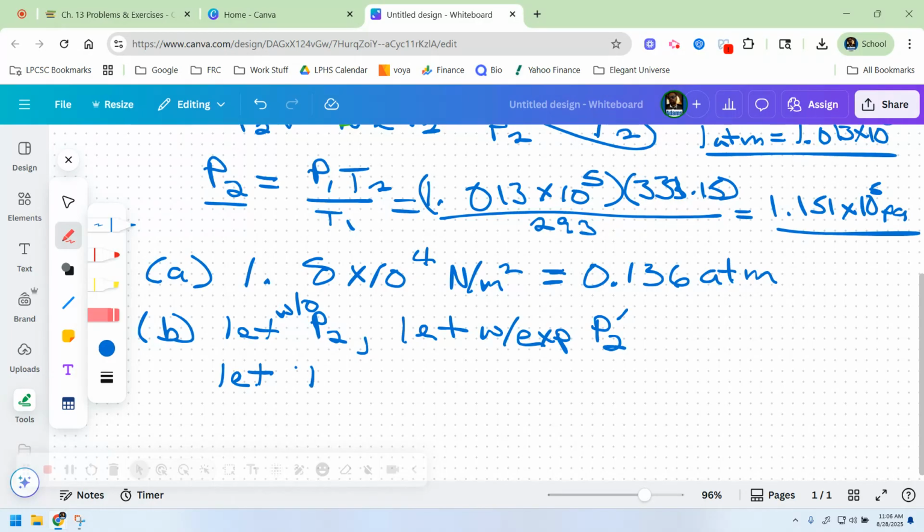So then we're going to let T2 be the final temp.